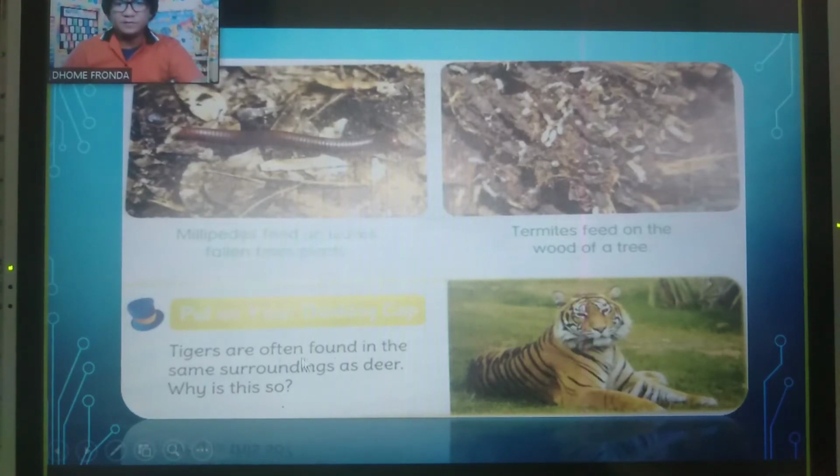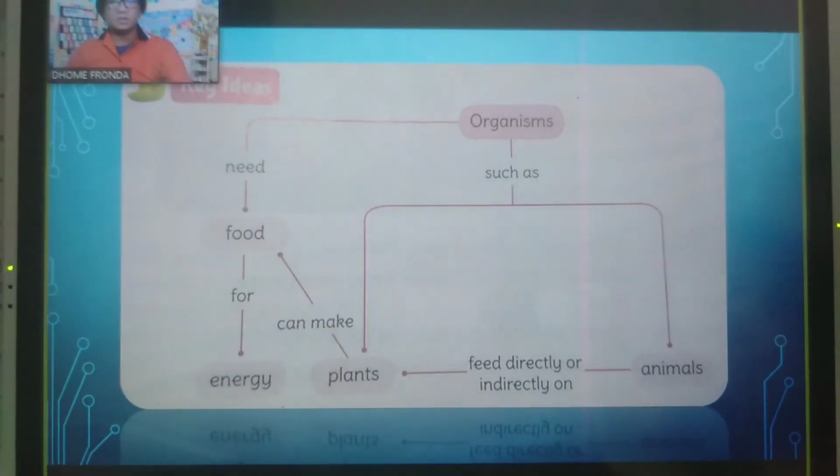Tigers are often found in the same surroundings as deer. Why is this so? The tiger will eat the deer. That's why the deer move to another place to be safe, because the tiger will eat them. Okay, so let's go to another one.